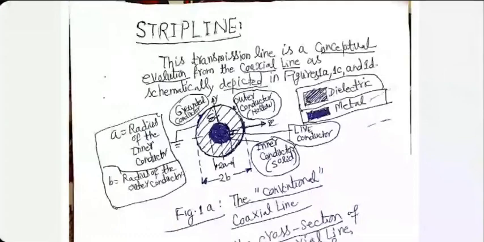Now, suppose you let the radius of the outer conductor go to infinity. Instead of a circle, it would become two parallel plates. Remember, what we are looking at is the cross section in the XY plane. The length of the line is in the Z direction, which is perpendicular to the plane of the paper.